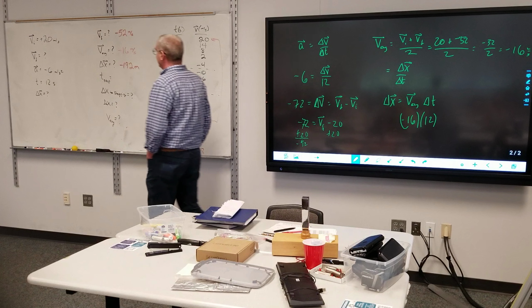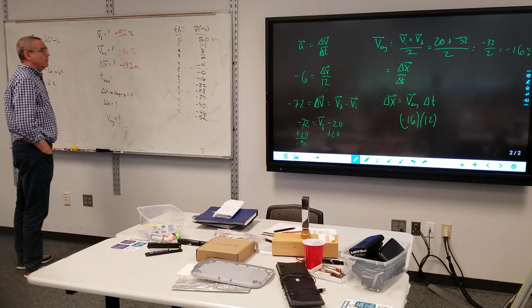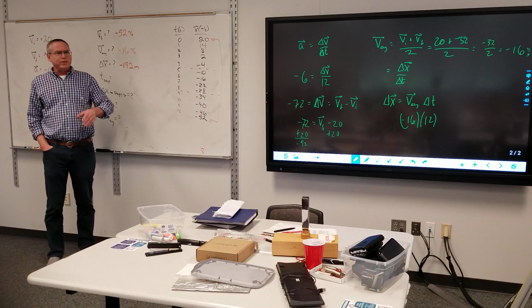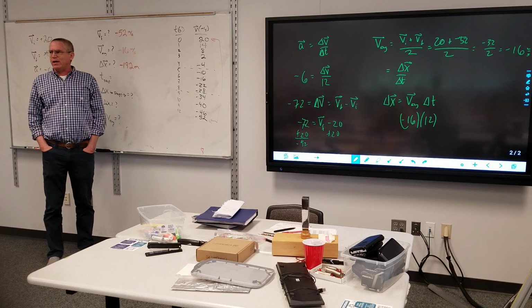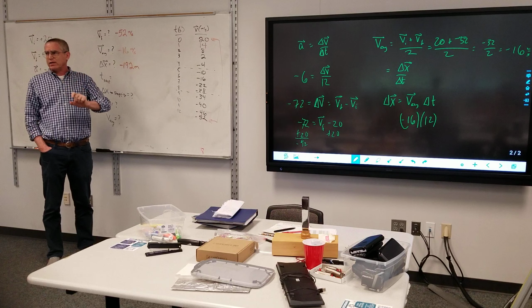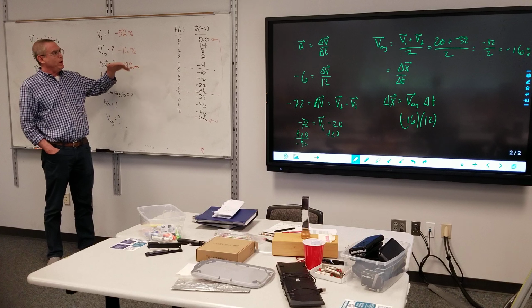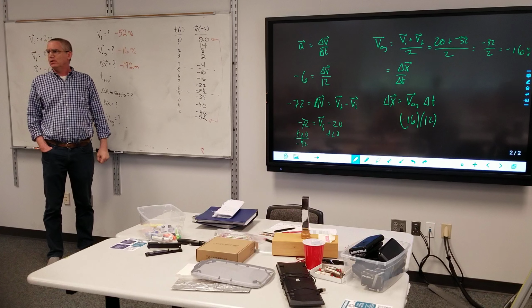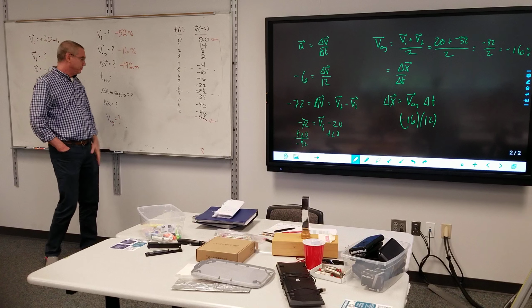All right, the time it takes to stop. From looking at this, we can narrow it down between which consecutive seconds it's going to happen. Between what and what is it going to stop? 3 and 4. Yes.